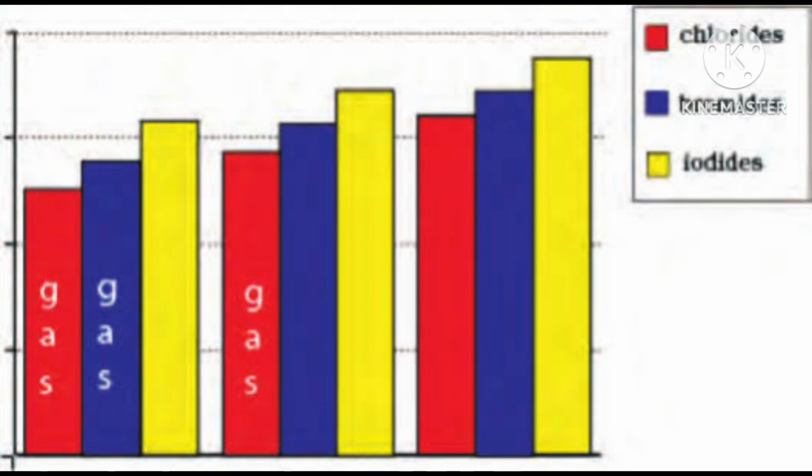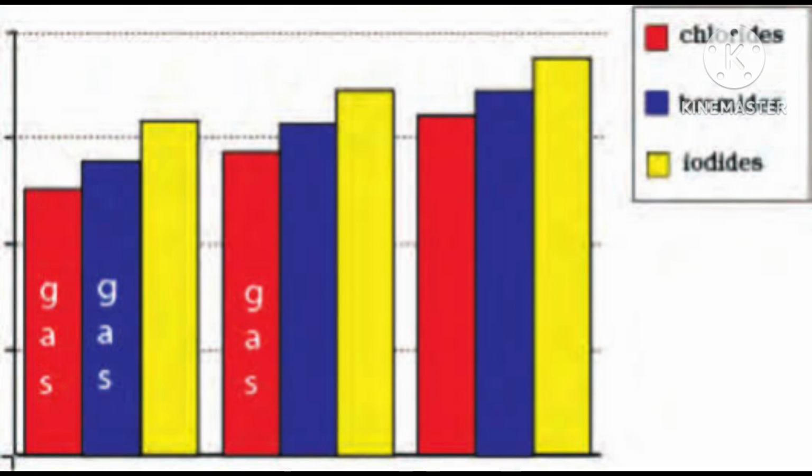And next, normal C3H7I, N means normal, straight chain, now it is furthermore, 1.747. Now you can see chloride, bromide and iodide: propyl chloride, propyl bromide, propyl iodide.